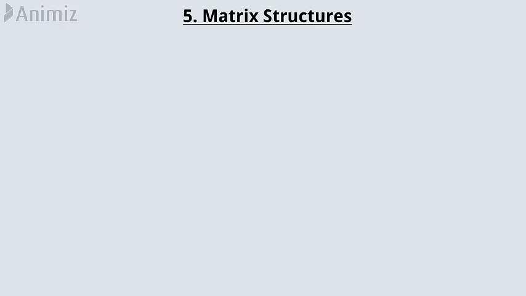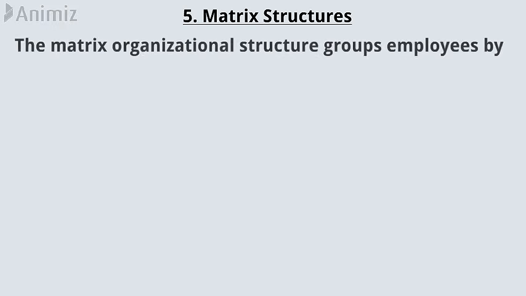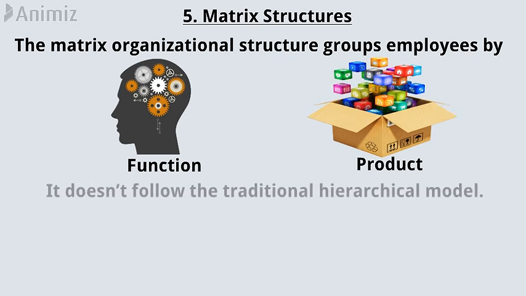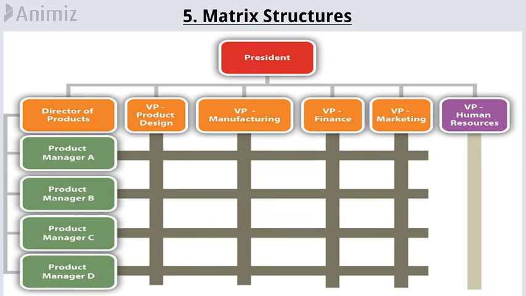5. Matrix structure. The matrix organizational structure groups employees by both function and product at the same time. It doesn't follow the traditional hierarchical model. In this structure, employees have dual reporting relationships. The main objective of this structure is to provide both flexibility and more balanced decision-making.